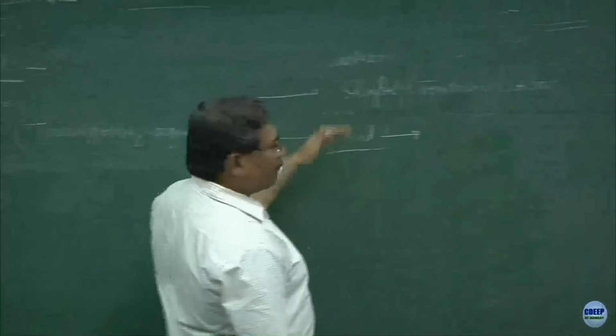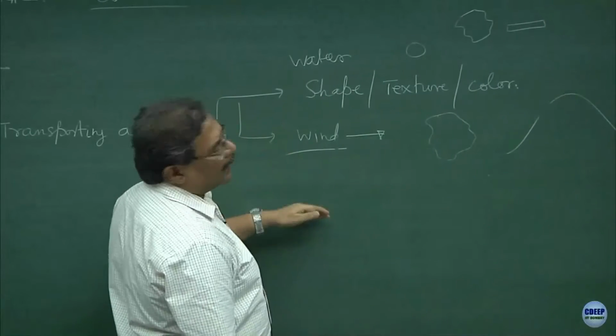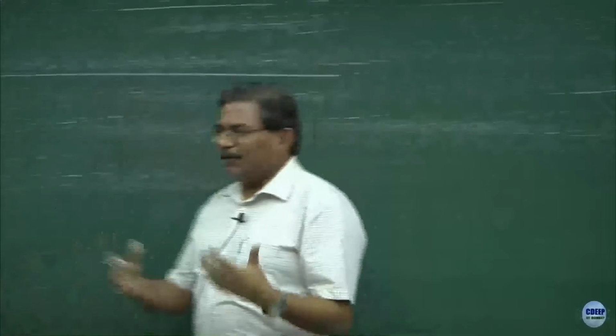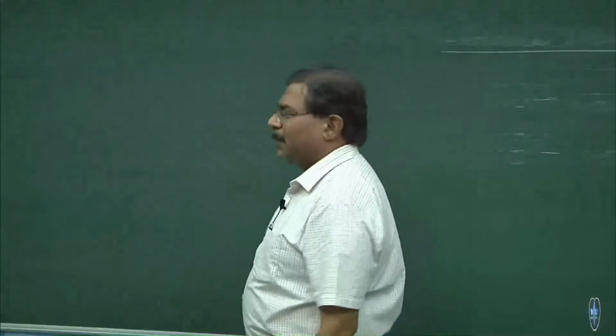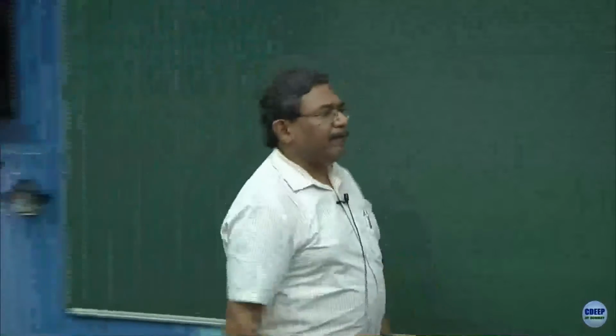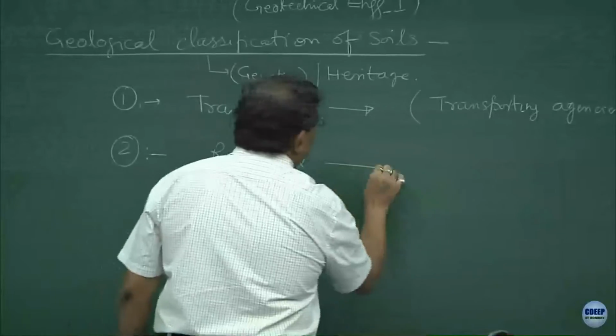So, water, wind and gravity is again a sort of a combination of rock fall, but normally we do not consider gravity as a transporting agency. And then man-made, what we were talking about. The second category is residual.